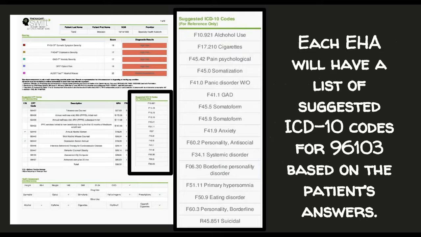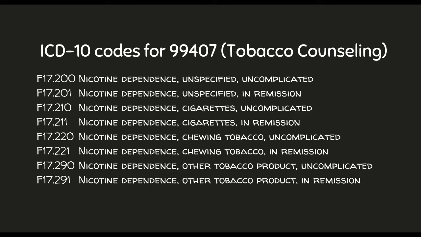The good news is our program will help uncover suggestions for that code. So for instance, if a patient answers, yes, I drink caffeine, then our result will show an indication of F15.90, which is other stimulant use. That'll actually be one of the most common that pops up.